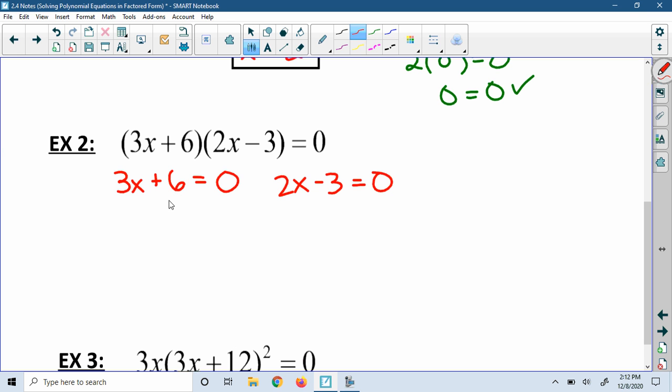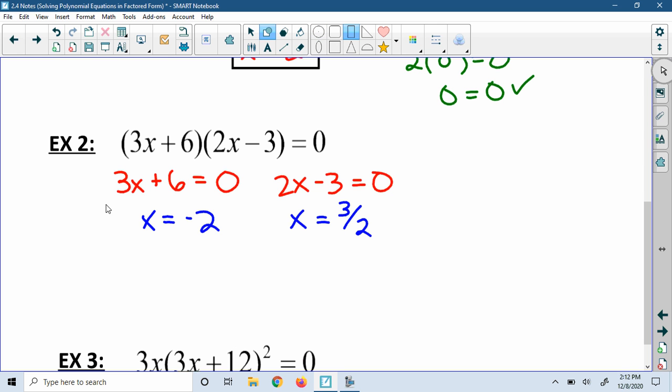When we solve these down, I'm guessing a lot of you can just do this in your head. So we'll subtract 6 from both sides, and then we'll divide both sides by 3. Looks like x is going to equal negative 2 in the end. On this one, we'll add 3 to both sides, and then we'll divide by 2. So x will equal 3/2, or 1.5 if you like decimals better.